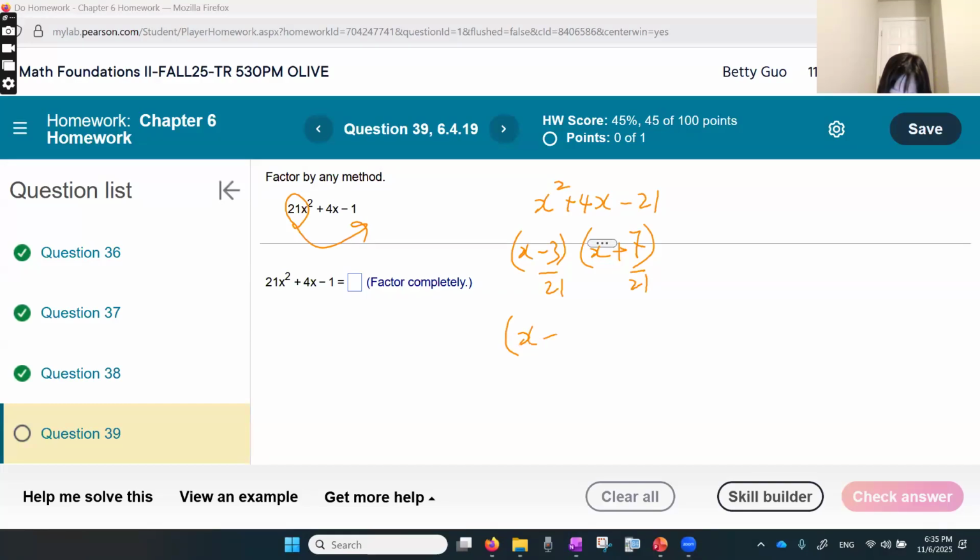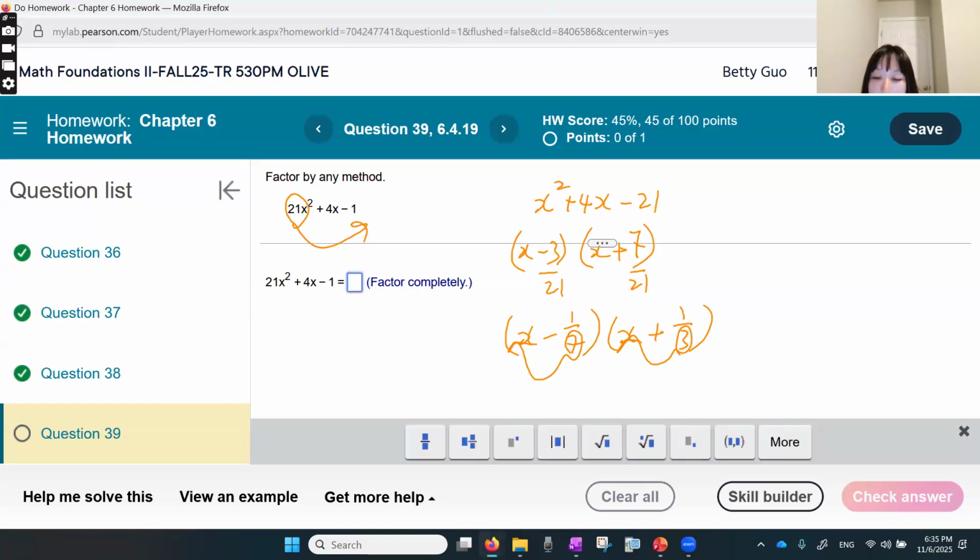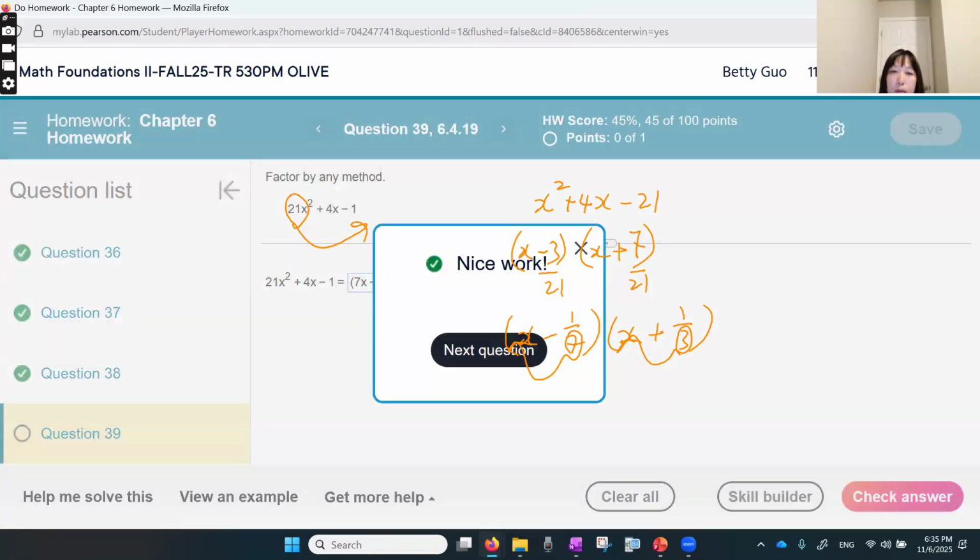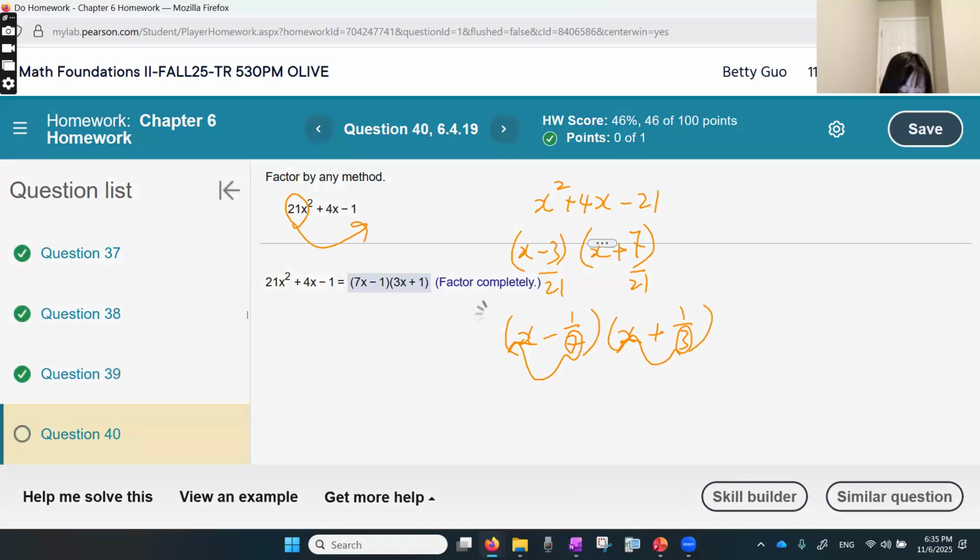Simplify: 1/7, 1/3. Slide it back. So the answer is 7x minus 1, 3x plus 1. 7x minus 1, 3x plus 1, right? Very good. Let's erase this page.